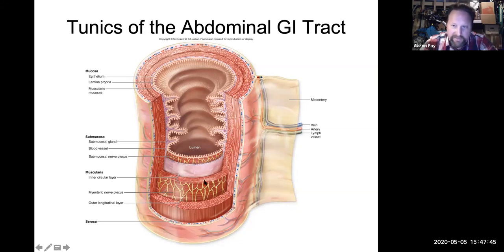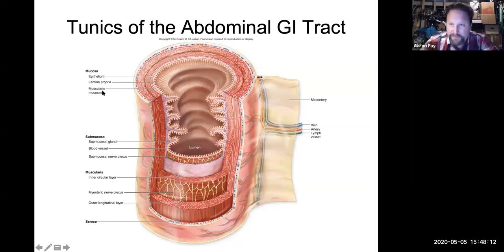This is a really thick layering of smooth muscle. We're not talking about that yet. We're just talking about the innermost tunic, the first innermost layer called mucosa, which is made up of an epithelium, lamina propria, which is connective tissue, and then external to that, we have the muscularis mucosae, a thin layer of smooth muscle. Don't confuse that with other layers.